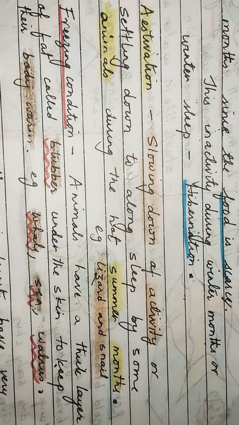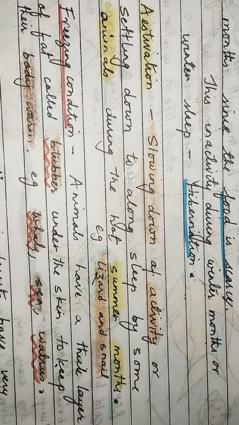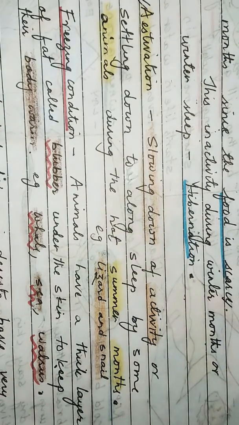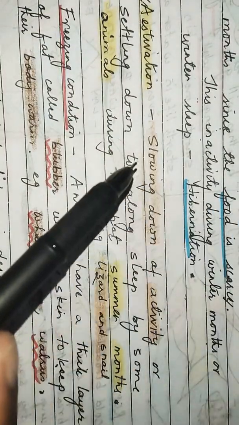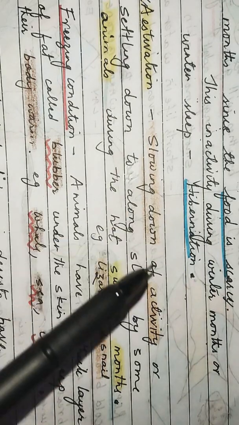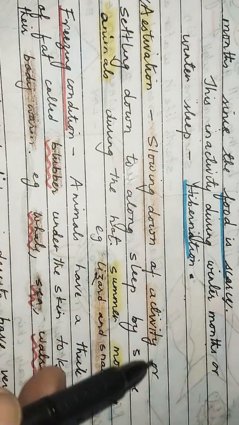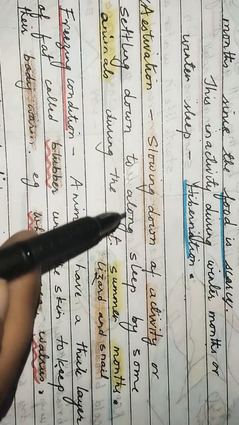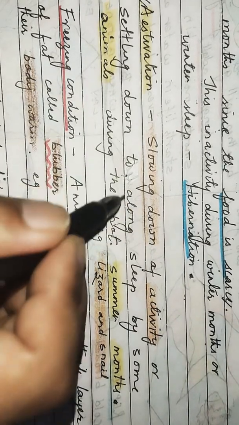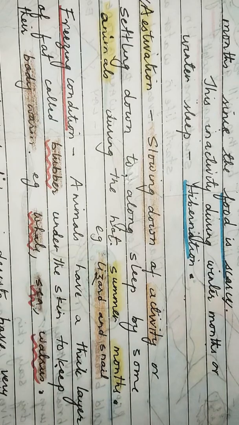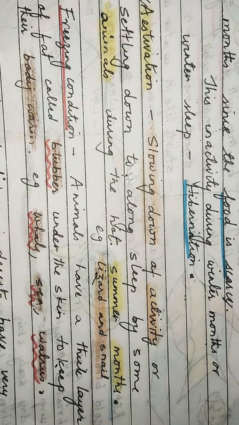Next one we have is estivation. Now it's a new word for you, a new term. Some animals sleep during the winter, but some animals become inactive during the summer. Slowing down of activity or settling down to a long sleep by some animals during the hot summer months is estivation.